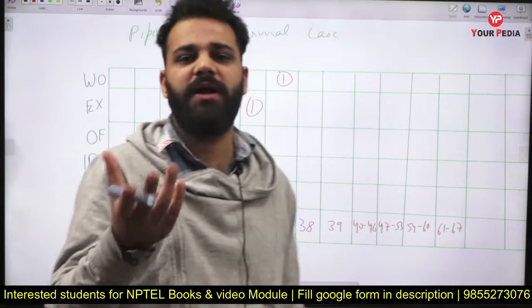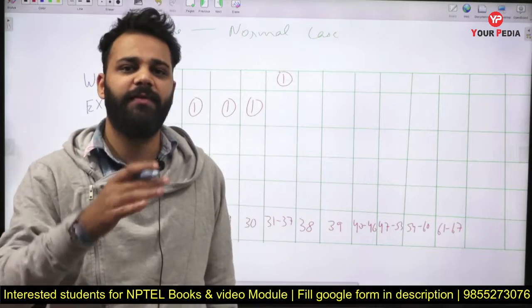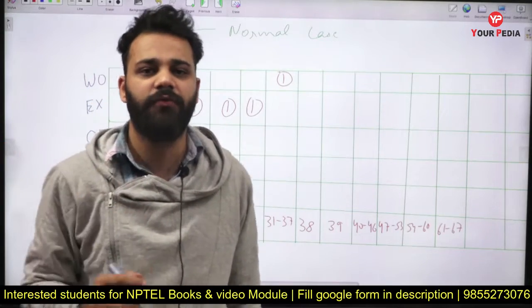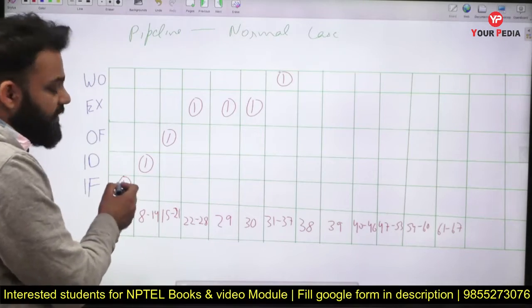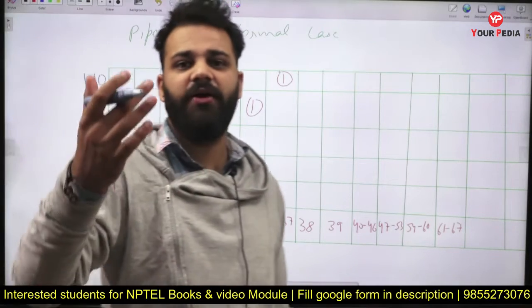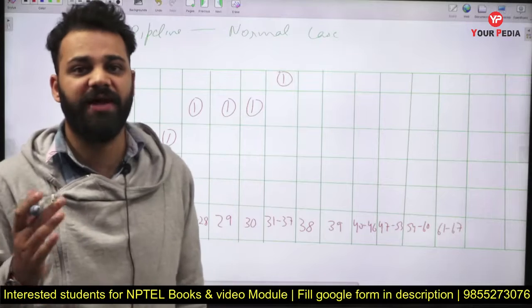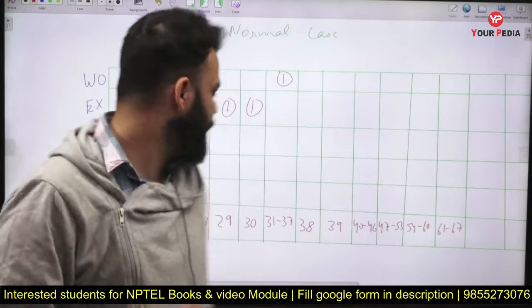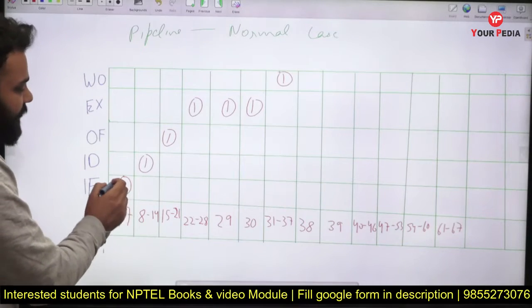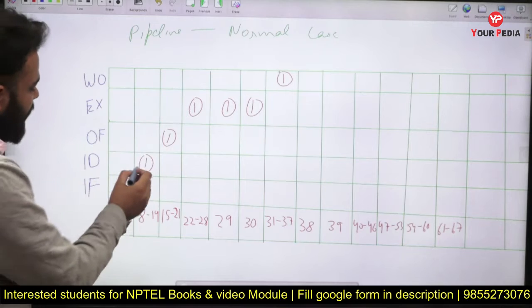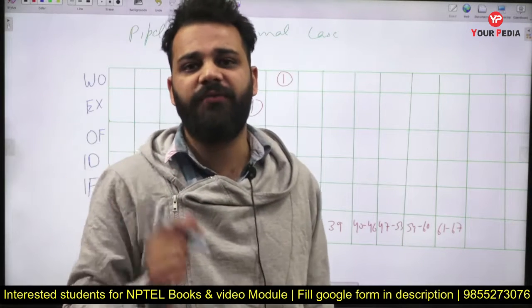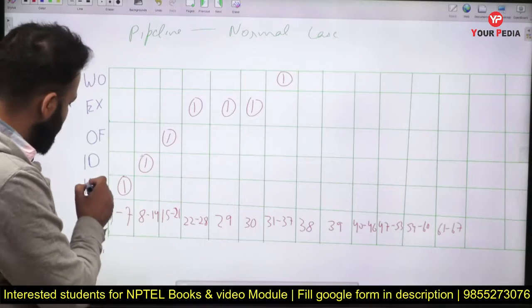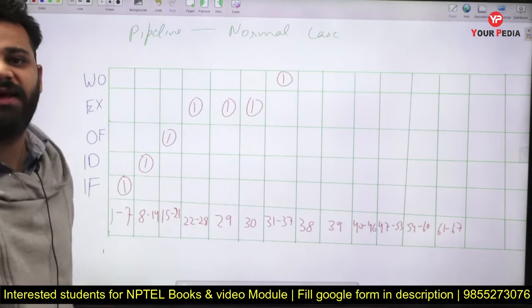Now in normal cases what we will do is first add will be completed, then after that we will move towards the subtract instruction. But in this pipeline, we divide all the instructions into 5 parts, 5 stages of pipeline. When instruction fetch is completed for instruction number 1, it will go on to instruction decode, and when it is on instruction decode, the instruction fetch pipeline stage will be free.